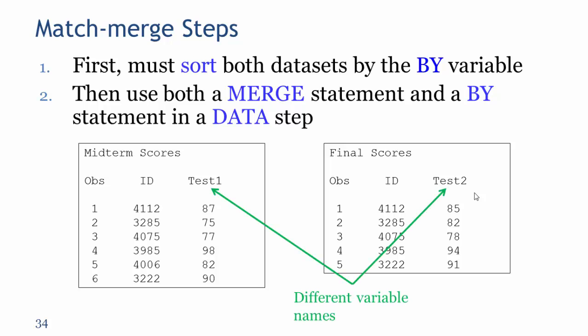Also notice that we have different variable names, and we have a variable that is common in both datasets. In particular, notice the observation number 5 in the midterm dataset, which is not there in the final score dataset. We will later find what happens to this row when we match merge these two datasets.